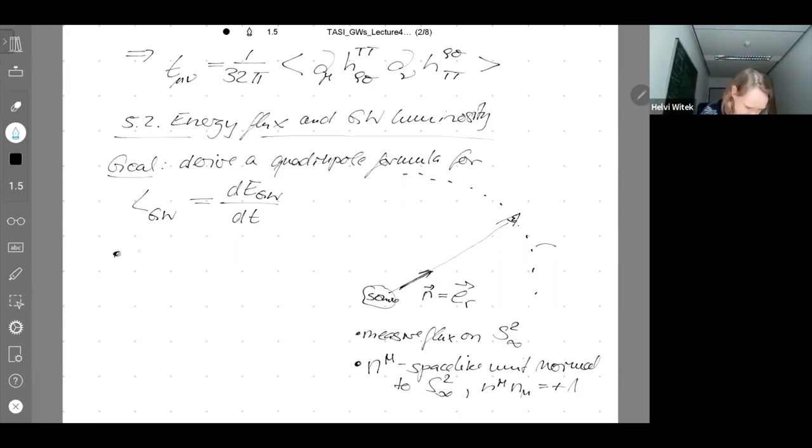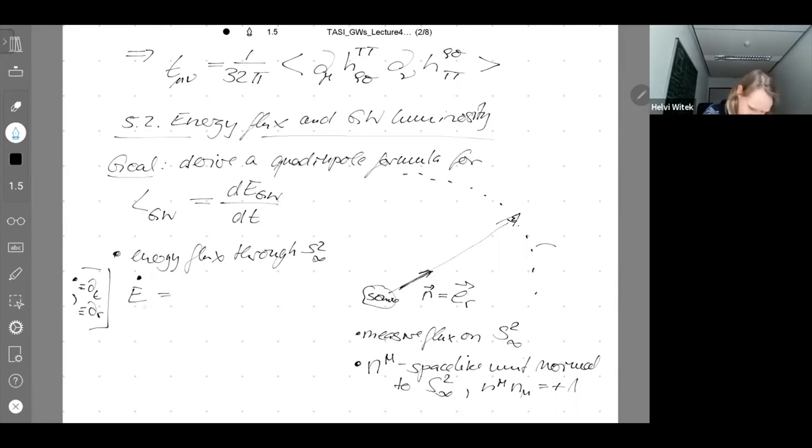So what we would have is that the flux, and to be short, let me introduce the dot as being the time derivative. So something dot is a time derivative, and I will use the prime for some radial derivative.